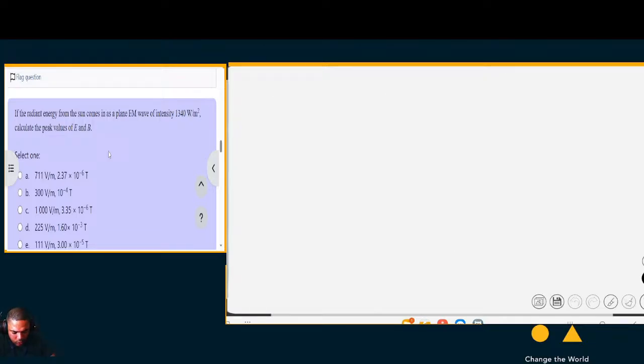And then, of course, E max is related to B max as follows: E max is equal to c times B max. E max divided by B max should give you the speed of light. This is one of Maxwell's conclusions.